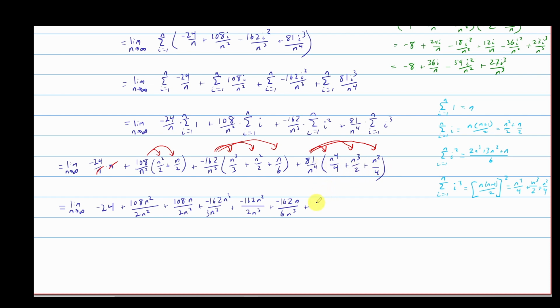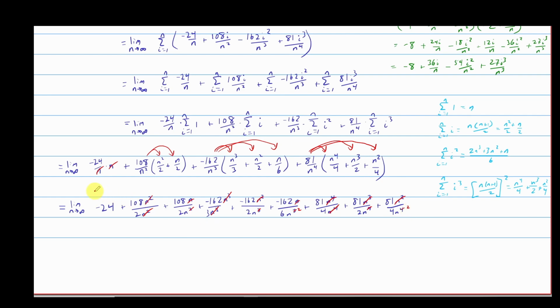Okay, last set. 81n to the fourth over 4n to the fourth. 81n cubed over 2n to the fourth. 81n squared over 4n to the fourth. Okay, I only want to cancel the n's right now because there's too much other stuff going on.